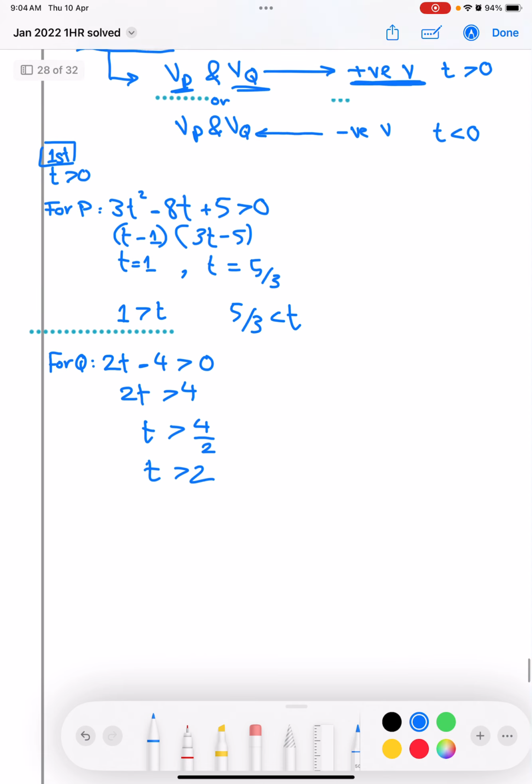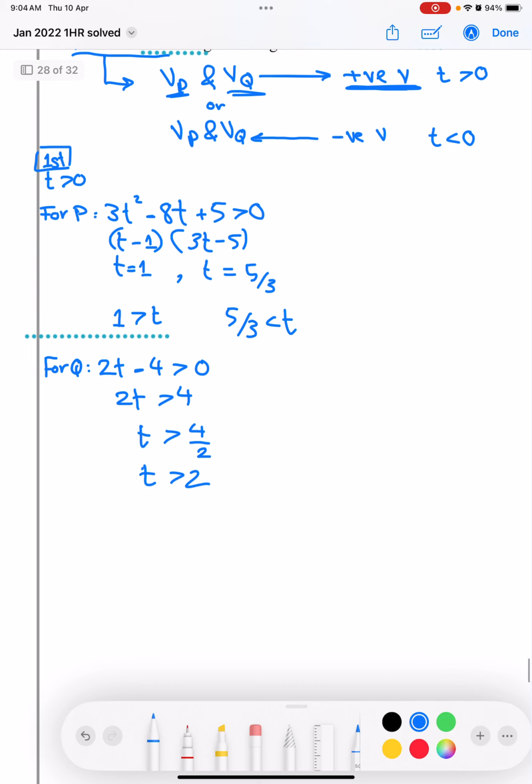So to find out which single inequality satisfies these two cases, or these three inequalities, I'm going to draw a number line. I have here 0. I have here 1.